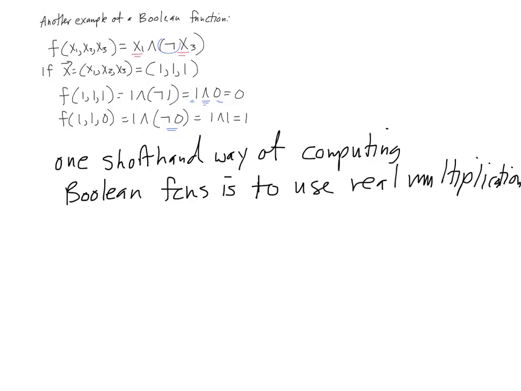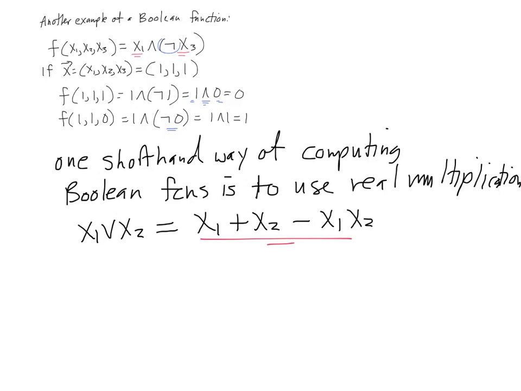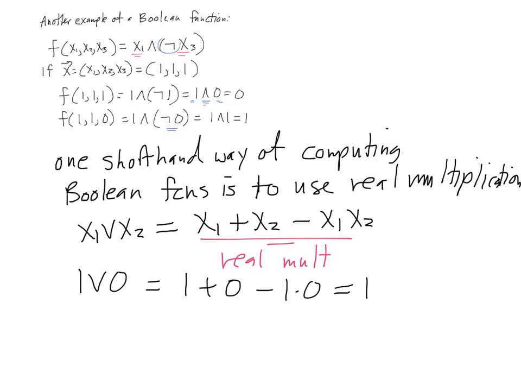So for example, if we say x1 or x2, we're going to define this to be x1 plus x2, and then minus the product of x1 and x2. Okay, so again, this is real multiplication. Okay, let's prove that this works. So if we have 1 or 0, this is going to be 1 plus 0 minus 1 times 0, which will be 1. That works, right?